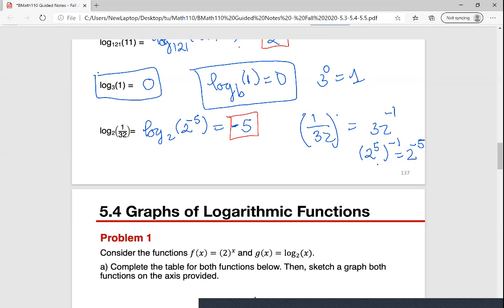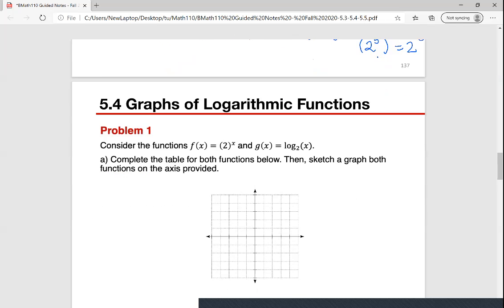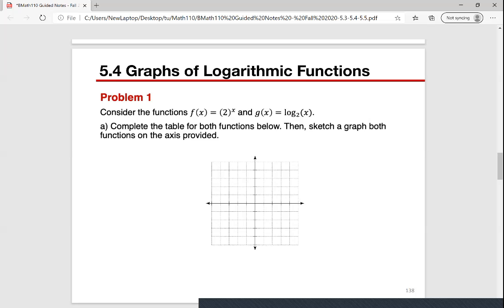Okay, so we are done with section 5.3. I will continue with 5.4 here. So 5.4 is graphs of logarithmic functions. Let's do one example here.